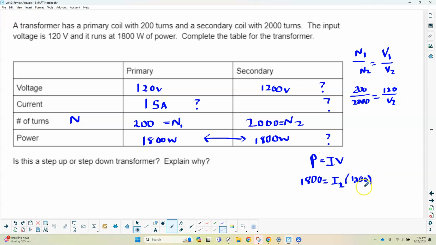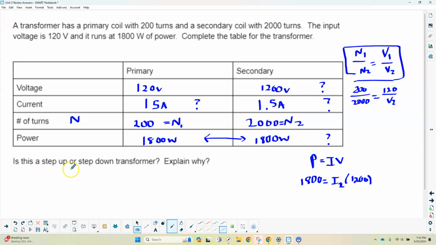You're increasing this voltage by a factor of 10, so when you divide, it shrinks the current by a factor of 10. So it'd be 1.5 amps for the output. That's the whole chart, using P equals IV and the equation for the number of turns in comparison to the voltage.